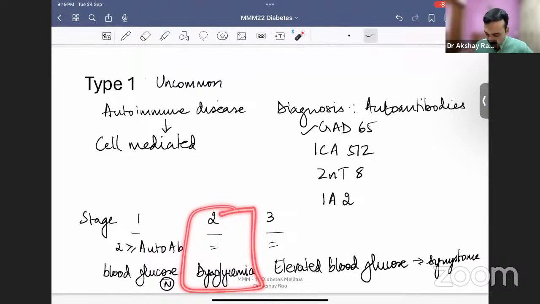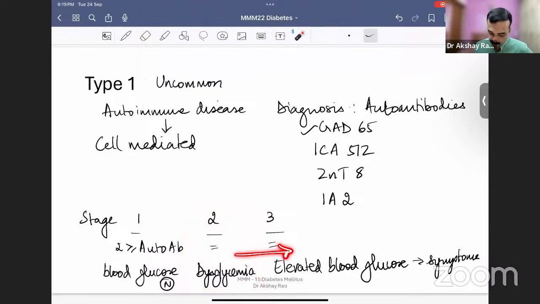So in order to try and delay this individual from going into stage 3, now there is a medication, and that is known as, anybody? Anybody who knows which is the drug which can be used in type 1 diabetes stage 2 to prevent them from going into stage 3?